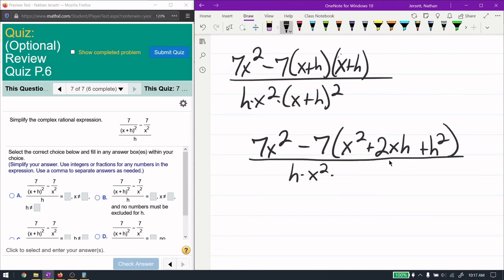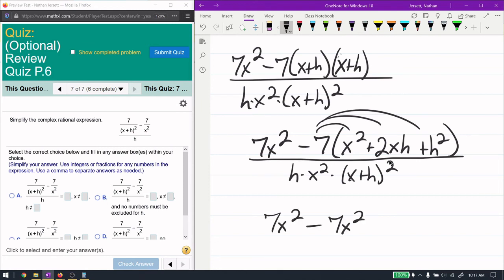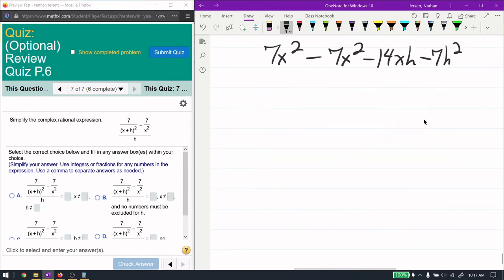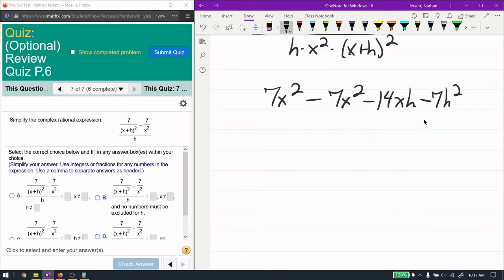Try it out yourself to convince yourself that I'm correct there. And then negative 7 distributes into everything. The denominator is still there: x squared, x plus h squared.